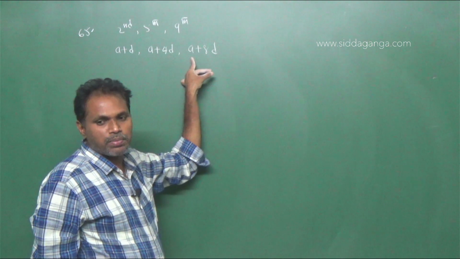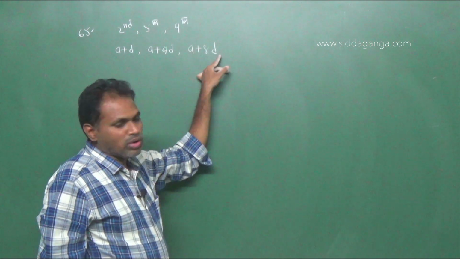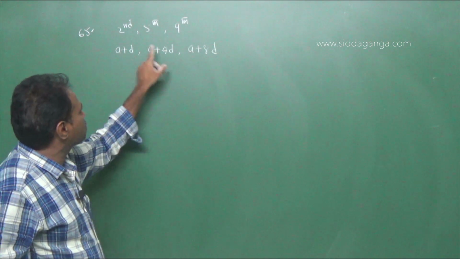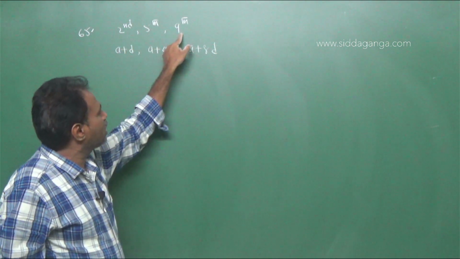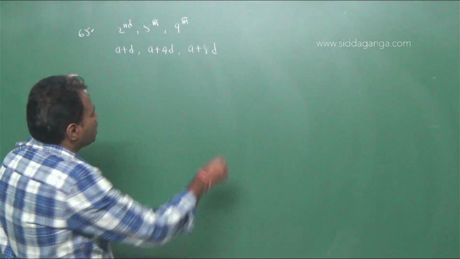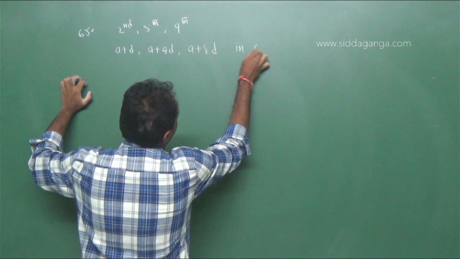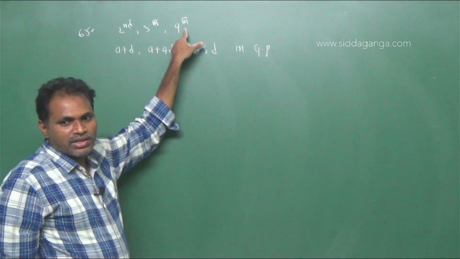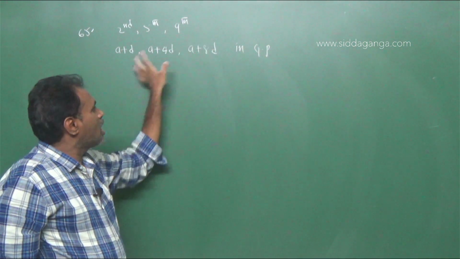Ninth term is a plus 9 minus 1 into d, that is a plus 8d. These second, fifth, and ninth terms of the AP are in GP.